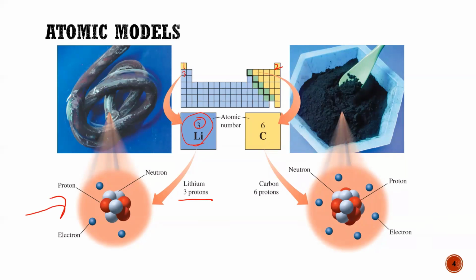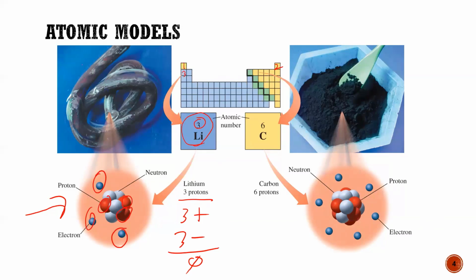The red dots are my protons. So I have 3 positive charges. Well, again, this atom of lithium has to be neutral. So what do I also see? I see 3 electrons around outside of the nucleus. So a 3 plus, a 3 negative equals 0. There's a 0 charge on the lithium atom because it has 3 protons and 3 electrons.